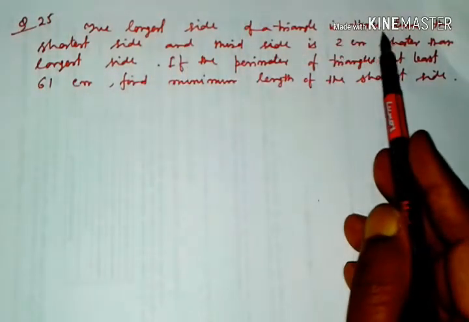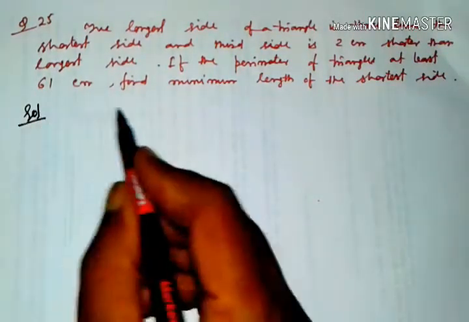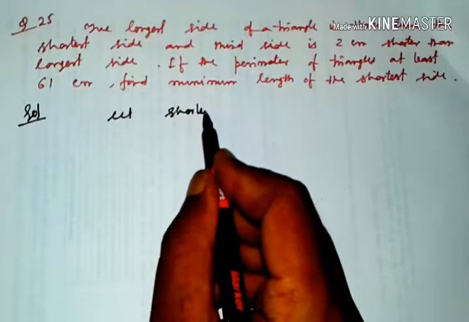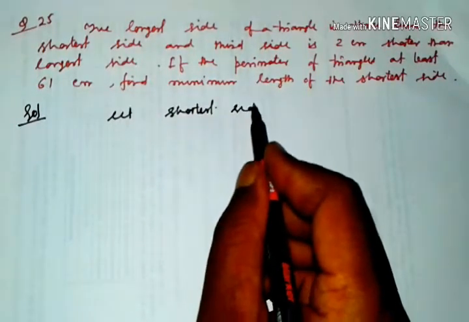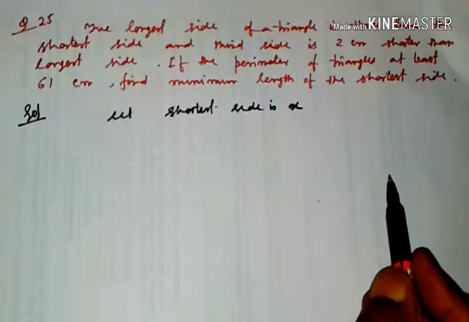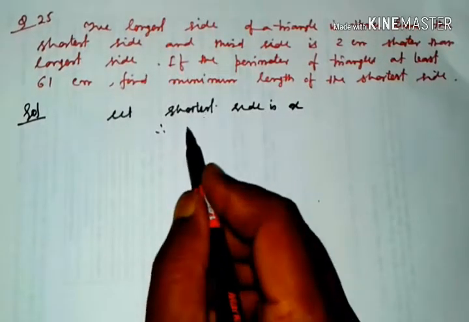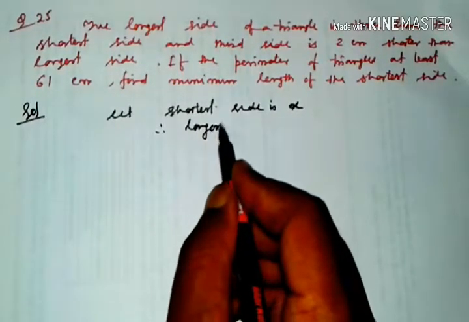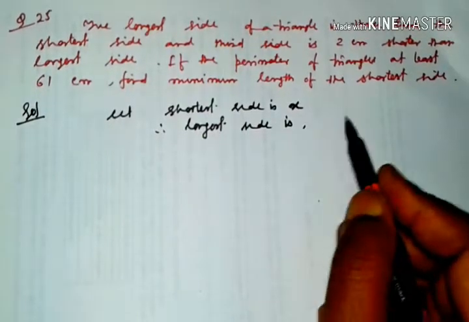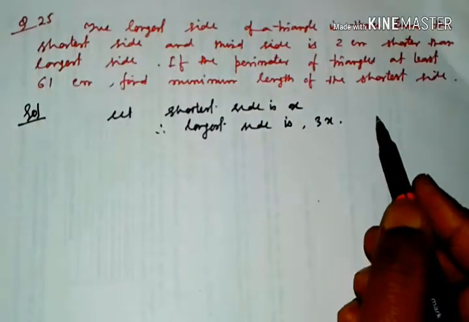The longest side of the triangle is 3 times the shortest side. The shortest side is x. Therefore, the longest side is 3 times x, that is 3x.